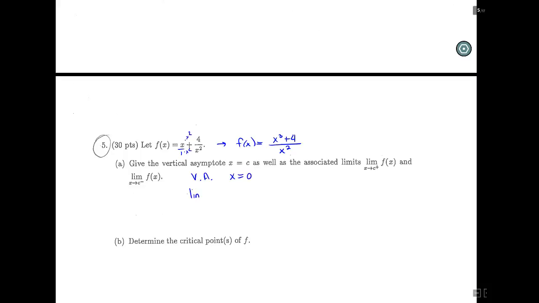So we want to look at the limit as x approaches 0 from the left, and the limit as x approaches 0 from the right of f of x. Now, there are a number of different ways that we could evaluate this. We could consider graphing this and seeing it's basically going to be positive or negative infinity.